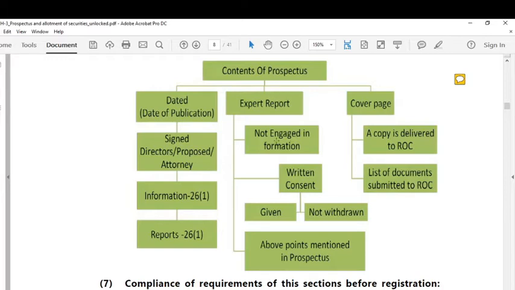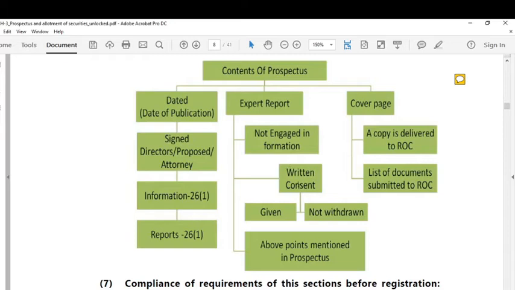The person giving the expert report to the prospectus should not be engaged in the formation of the company.